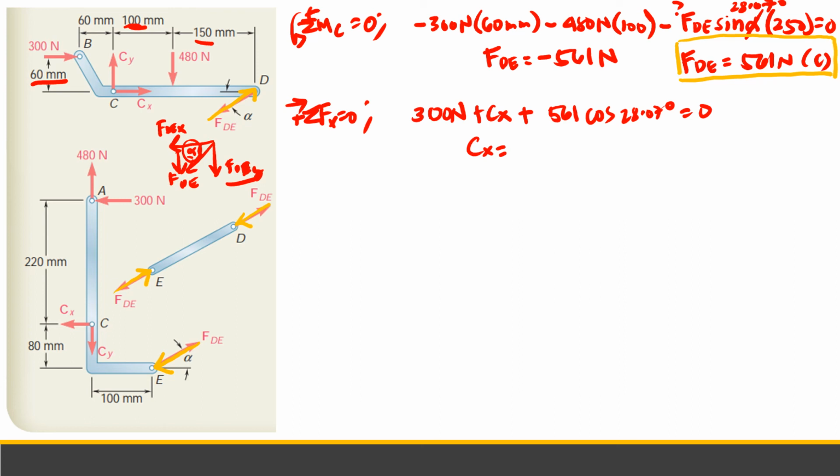Okay, so CX is equals to, ilan yung CX? So that is negative 795 Newton. Okay, so that is 795 Newton. So meaning negative na naman, so meaning mali yung assumption natin. So force exerted at C is compression, not tension.